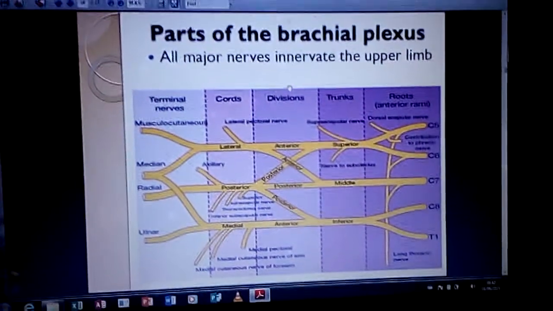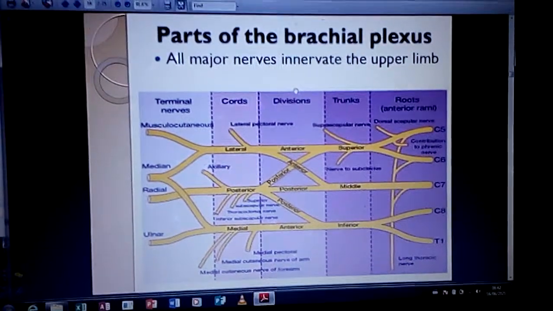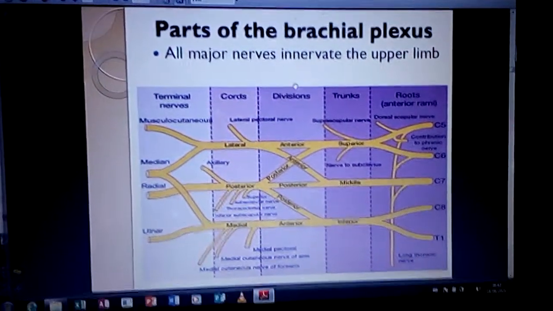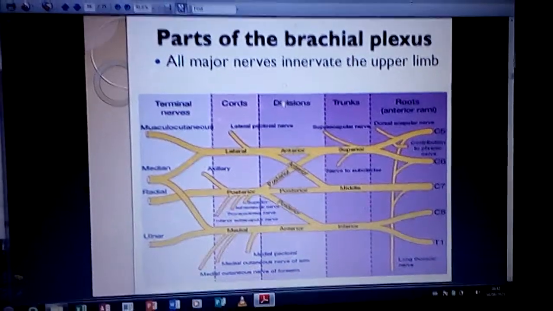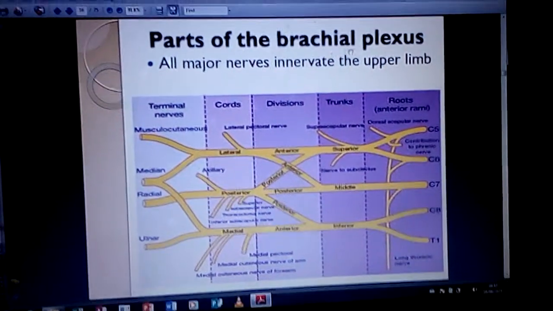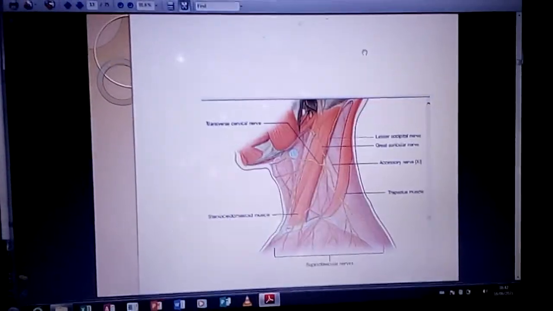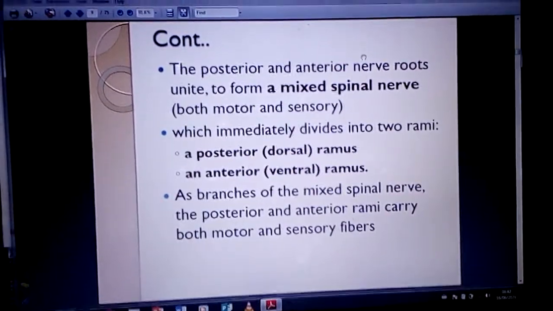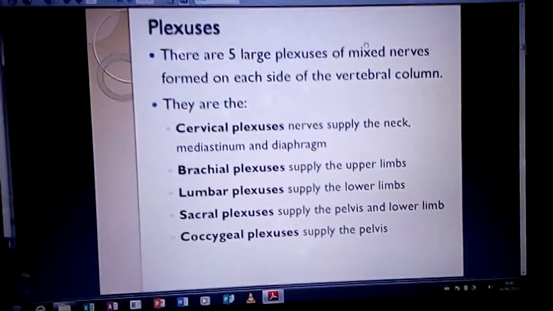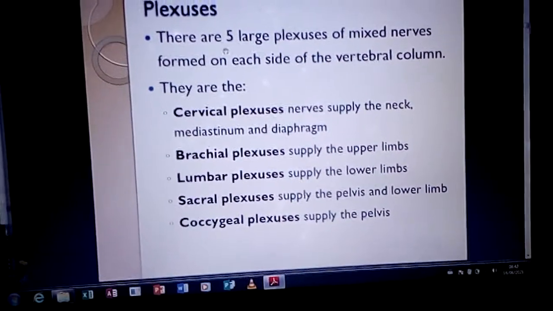This anterior ramus forms units on both sides of the spinal cord that we call the plexus. Basically, it forms 5 plexuses.